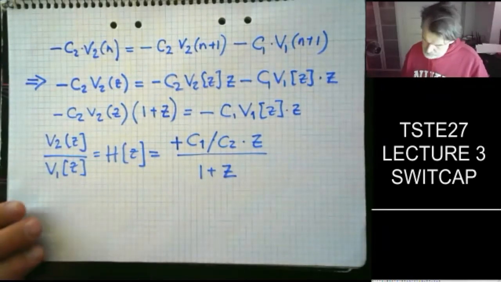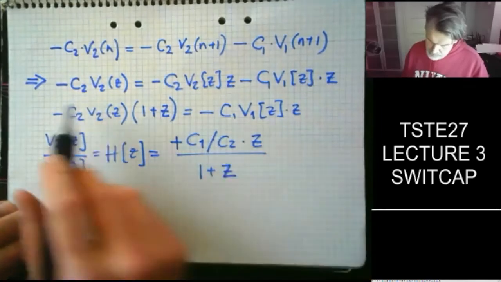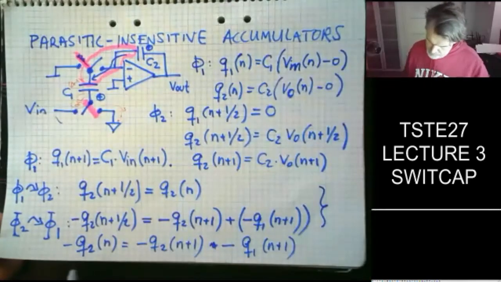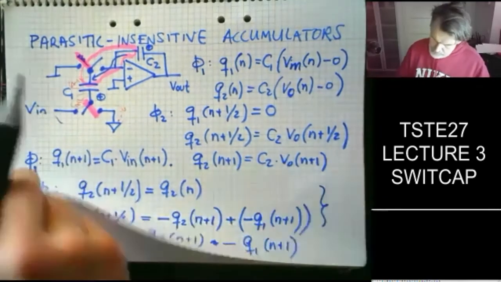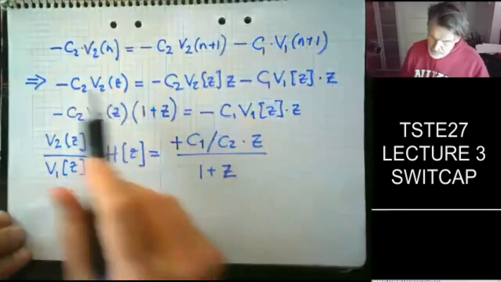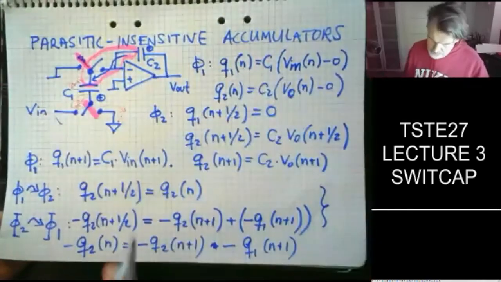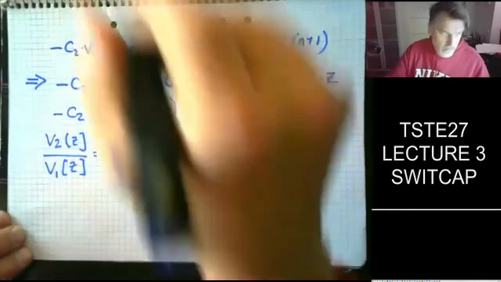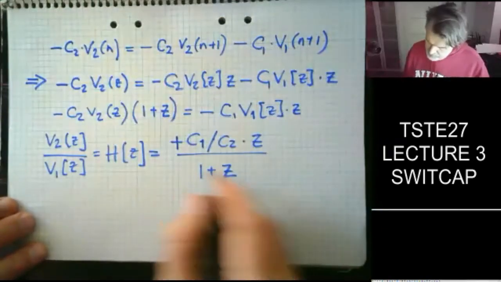And now I just have to find a minus to correct myself. Let's see, what did we miss? We want to preserve the charge. Yeah, so I have to fix this at some point.